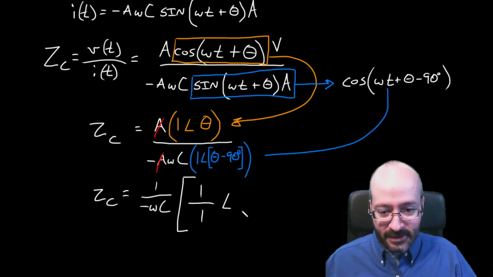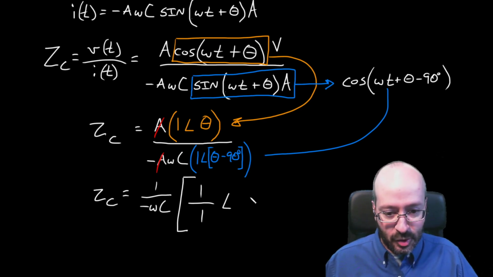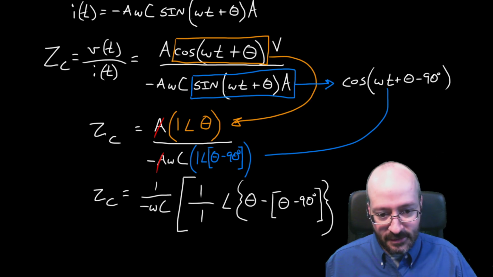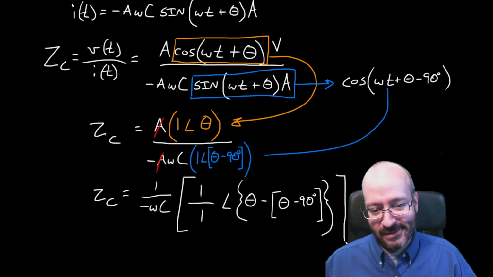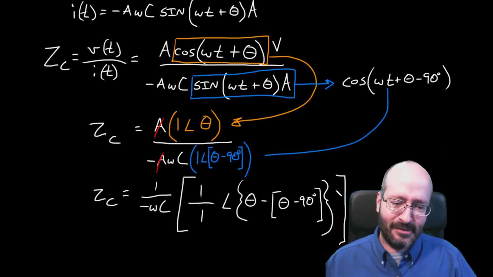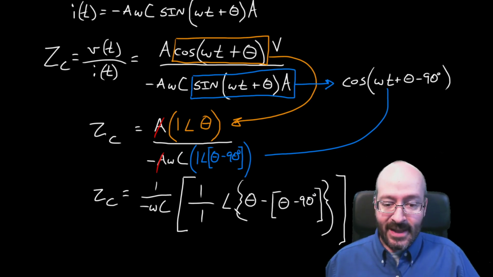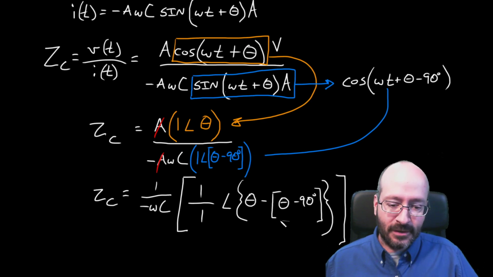Okay, and the angle in this case is going to be the angle of the numerator minus, and we got to be careful with distribution, the angle of the denominator. Okay, so we haven't done braces yet. Let's use braces. I'm sure there's a mathematician cringing somewhere in the offing.